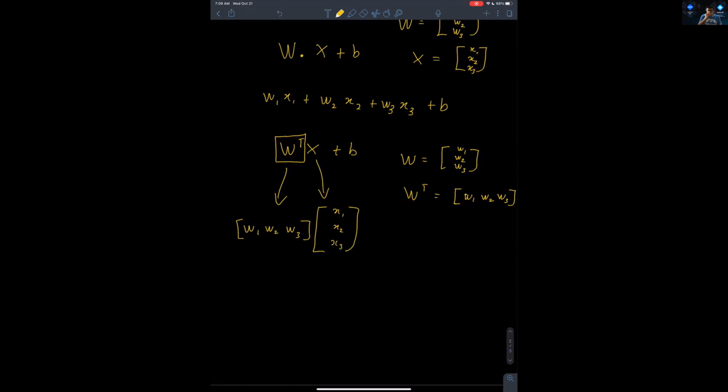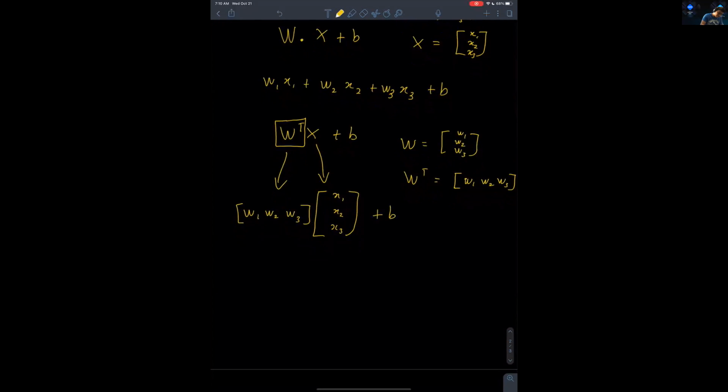And obviously, I'm not going to get too deep into what exactly matrix multiplication is when you have, let's say, n by m matrices. That's going to be a little bit more complicated. But in this case, all we're going to be doing is taking W1 multiplying it with X1, W2 multiplying by X2, W3 multiplying it by X3, adding them all up together.